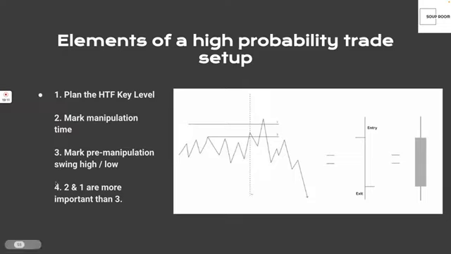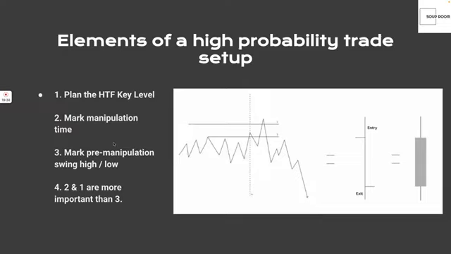Step 4, 2 and 1 are more important than 3. So, as you can see right here, we are turtle souping a high into a key level and then dropping.